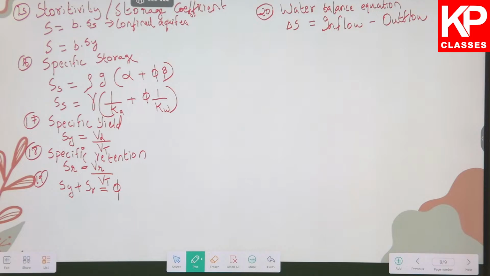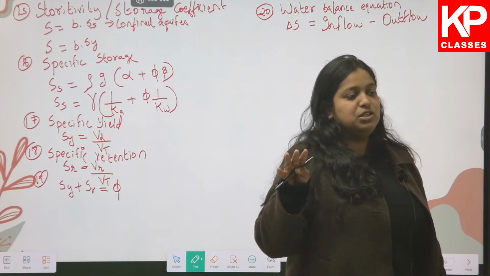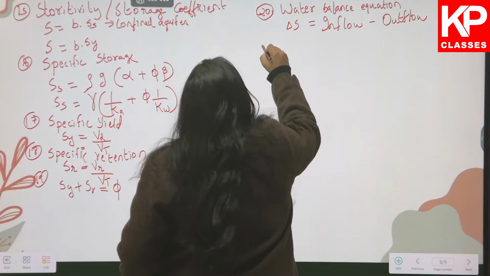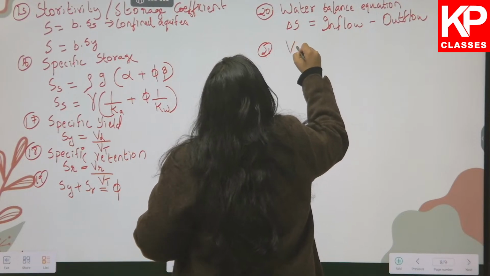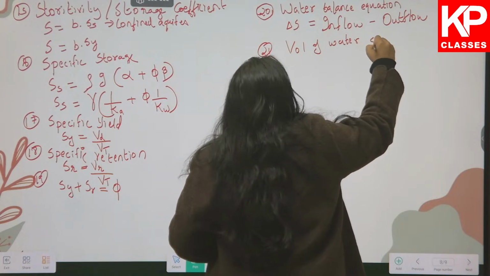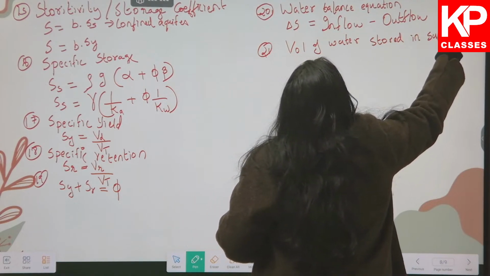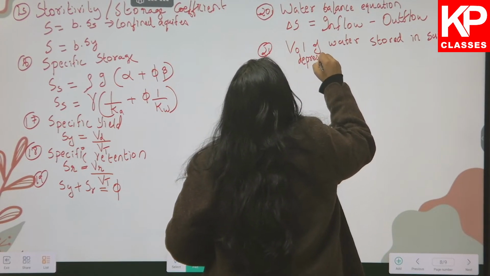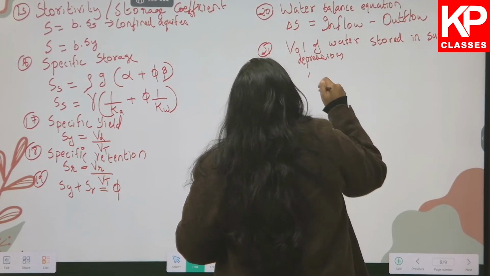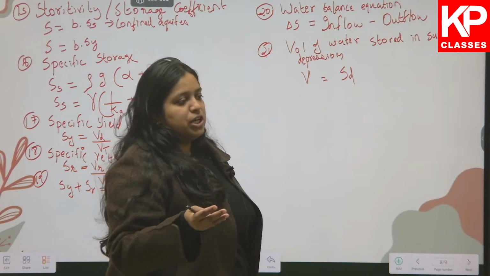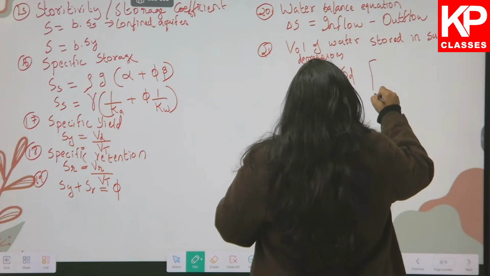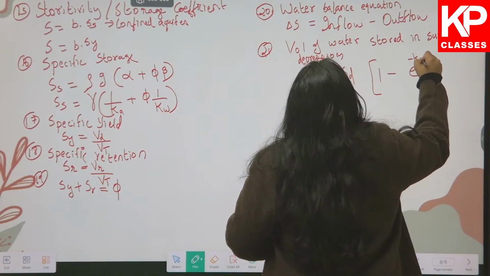Then the next one is the terminology associated with the volume of water stored in surface depressions because of precipitation. The volume of water stored in surface depressions, V, is equal to SD times (1 minus e raised to minus K PE).